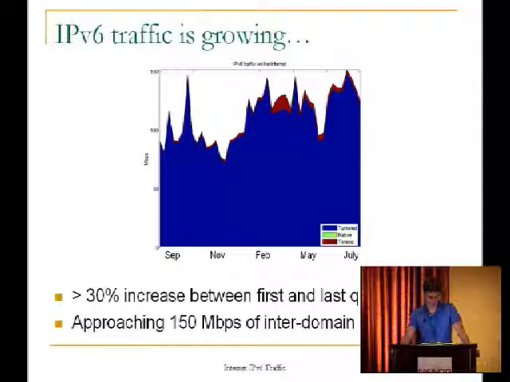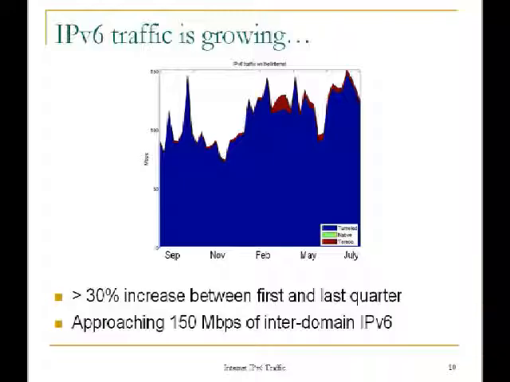So first, the denominator, the good news: IPv6 traffic is growing. On the bottom here, you have, again, time on the x-axis. The y-axis is megabits per second of IPv6 traffic. The blue is tunneled IPv4 protocol 41. The green is native. You're not blind, there is no green.